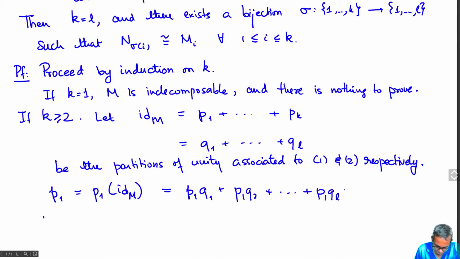Now consider P1 restricted to M1. Anyway, its image is contained in M1, so we can think of P1 restricted to M1 as an element of End_R(M1). And by the theorem which I proved in the previous lecture, this is a local ring.